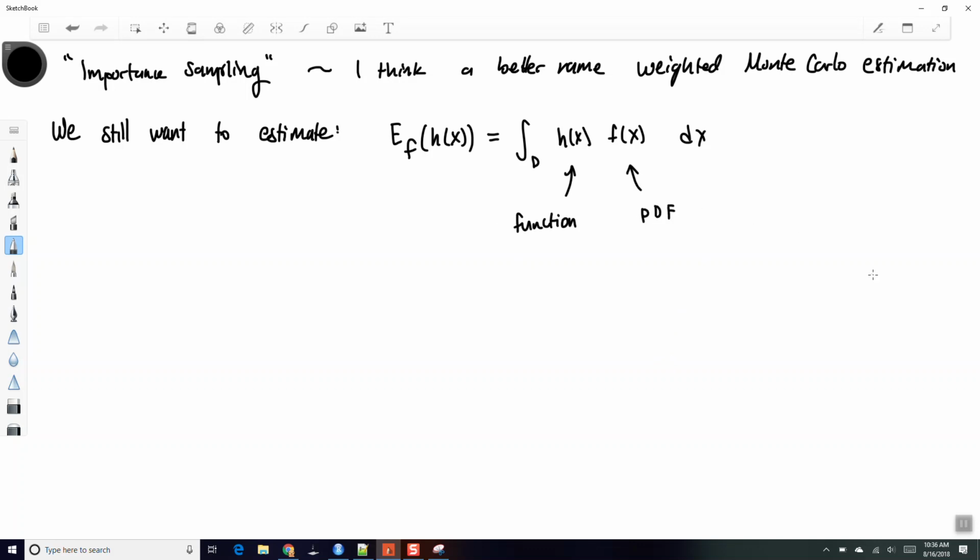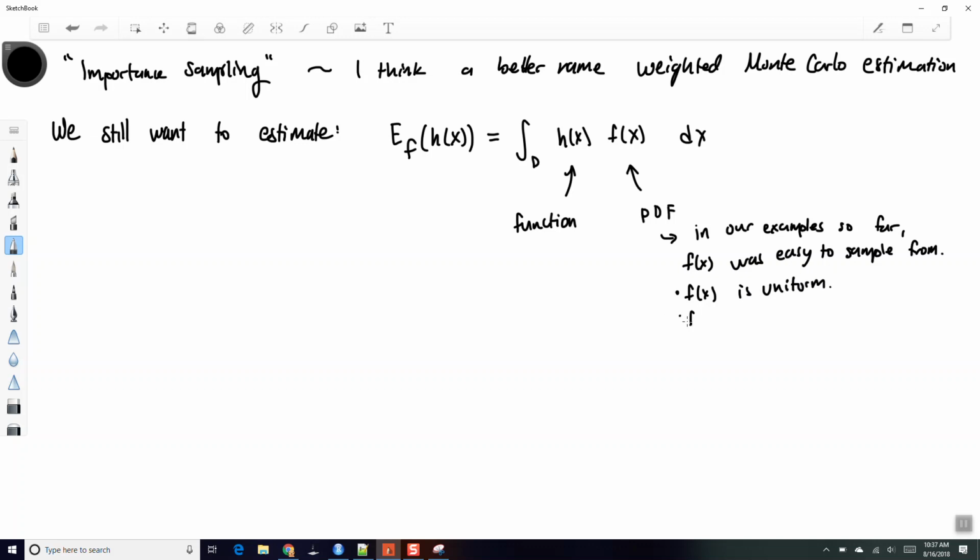Okay, and in our examples so far, f of x was easy to sample from. Okay, so one example was f of x was uniform, or f of x is the normal distribution or something like that.